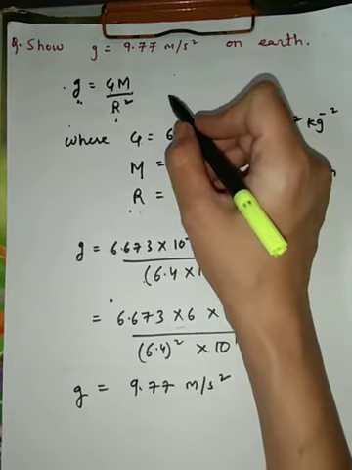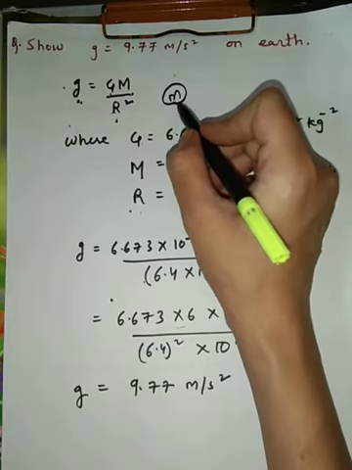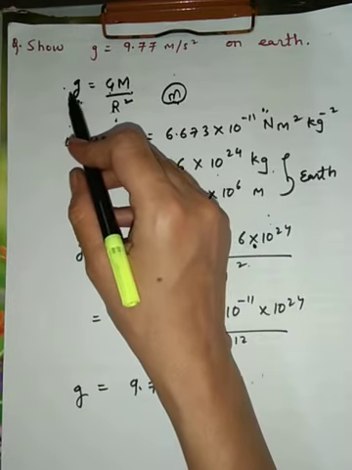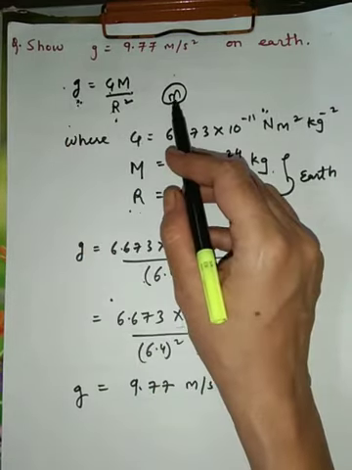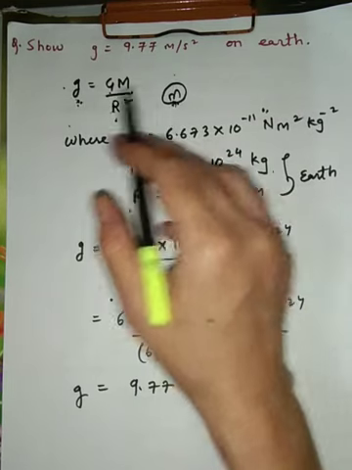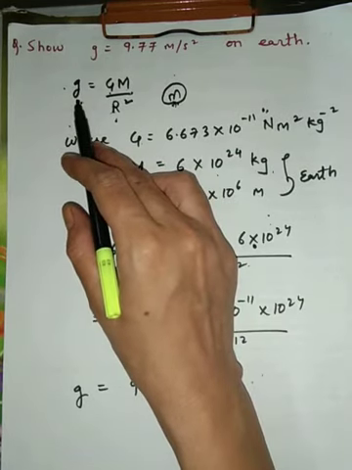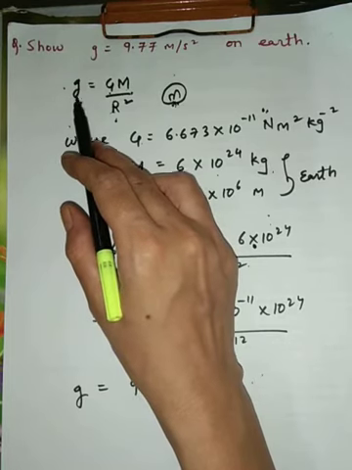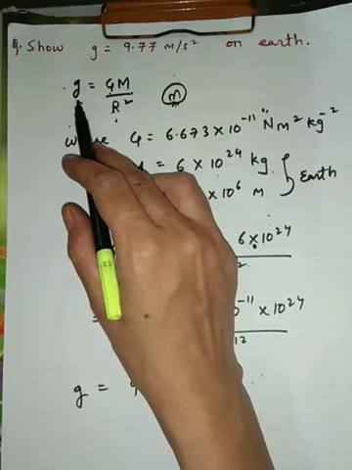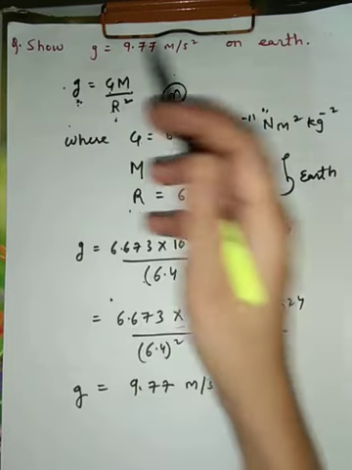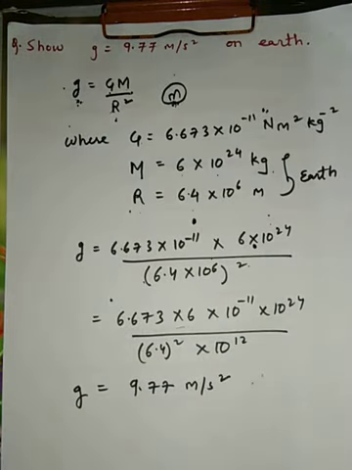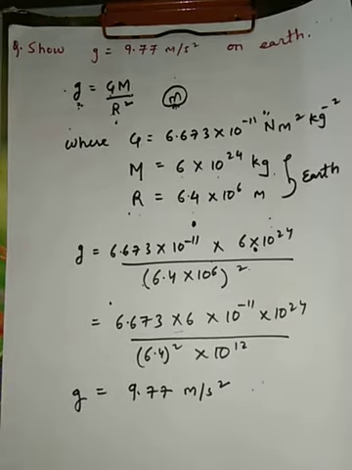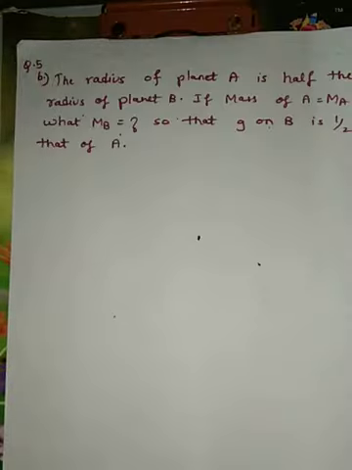You are not having small m, that is mass of the object, in this formula, meaning small g value is independent of the mass of the object. So it will be same for all the objects, whether your object is heavy or lightweight. Small g value, that is acceleration due to gravity of earth, is going to be same for all the bodies irrespective of their nature or mass. Okay, so this was one question based upon small g value.